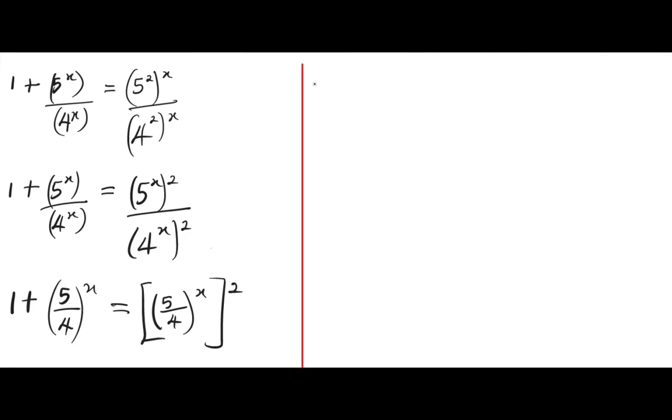We can say let 5 divided by 4 all raised to the power of x equal p. We can set this equal to p, so we're going to have 1 plus p equals p squared, because this is 5 over 4 raised to the power of x all squared, which means it is p squared.